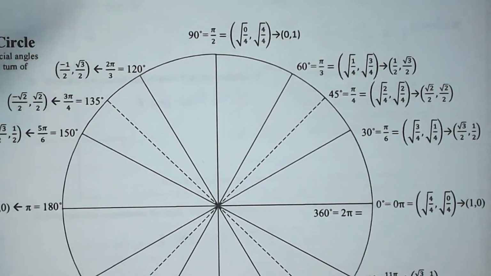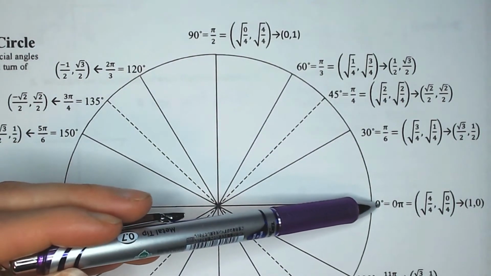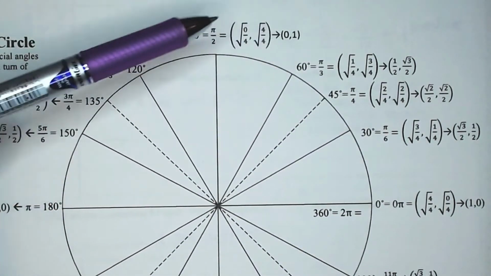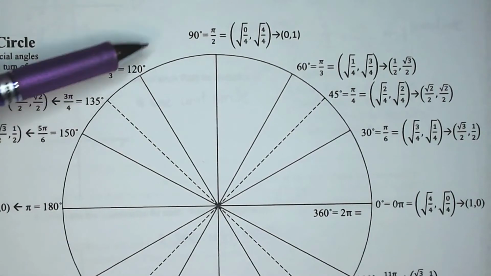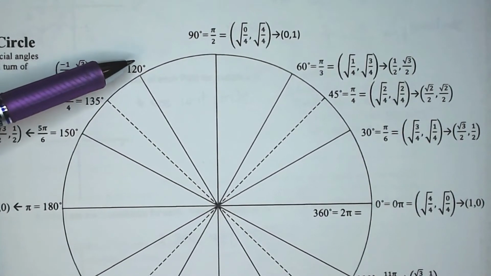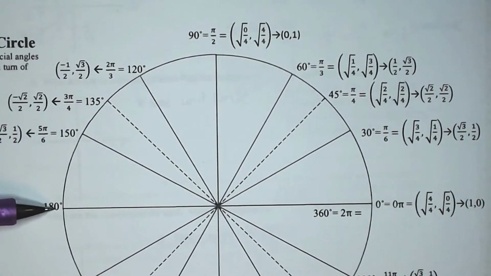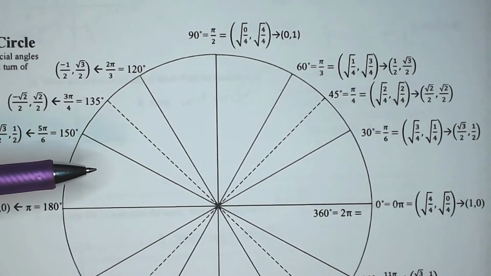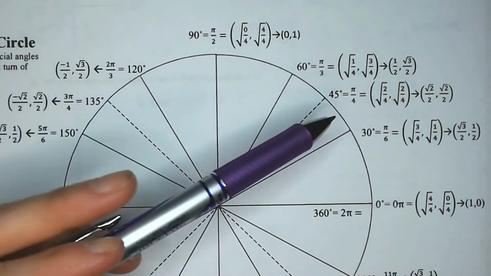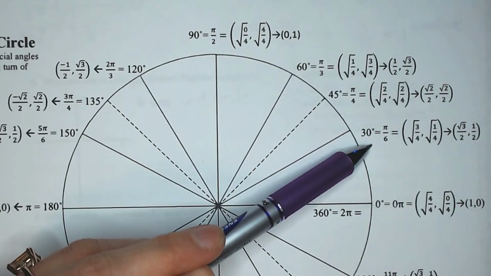All you need to really recognize is that we have some common angles. We have 0, 30, 45, 60, 90. And then this is, again, 30, 45, 60, 90. Okay, it's in a pattern. And you can see here, we have pi over 6.